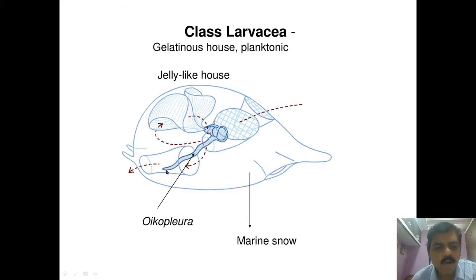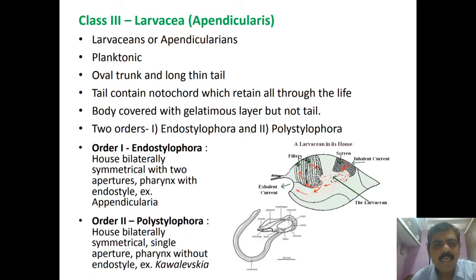This is an example of the Larvacea, the Oikopleura, which has a jelly-like house. This is the exact Oikopleura, and it is covered with a jelly-like or gelatinous house, and it remains permanently in the larval stage, and therefore they are called Larvacea. This Larvacea is also called Appendicularia.